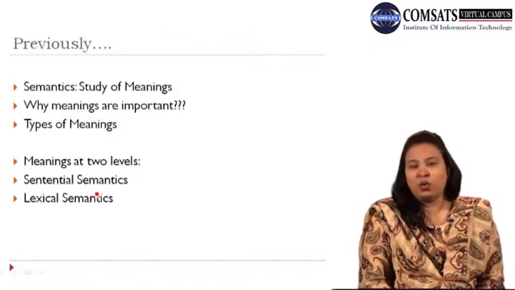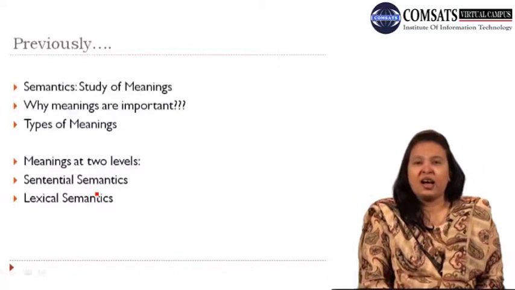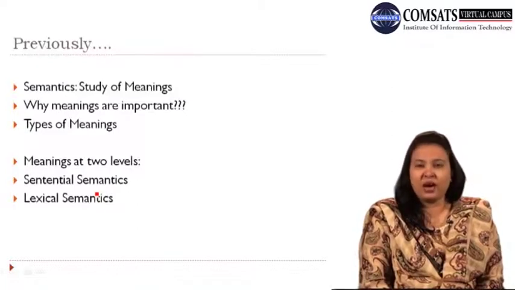Later on, we talked about why these meanings are important. As we know, to understand a language, what is more important are the meanings. If we know a language but we do not know about the meanings, we cannot get a proper understanding of that language.